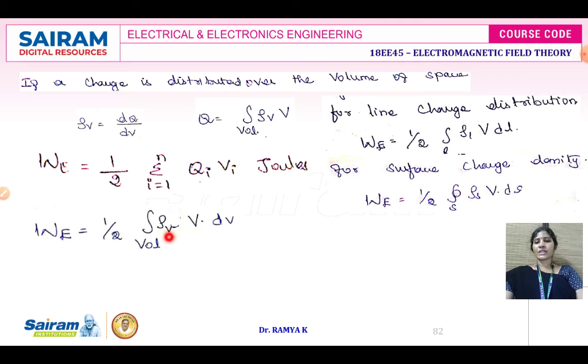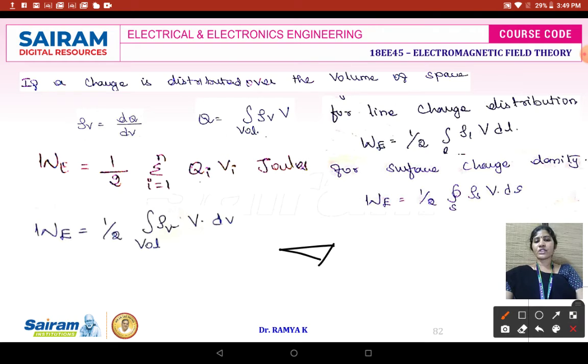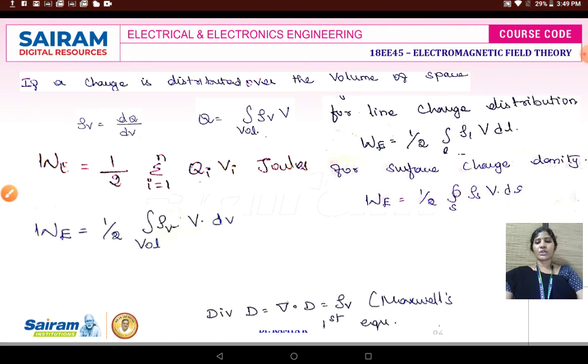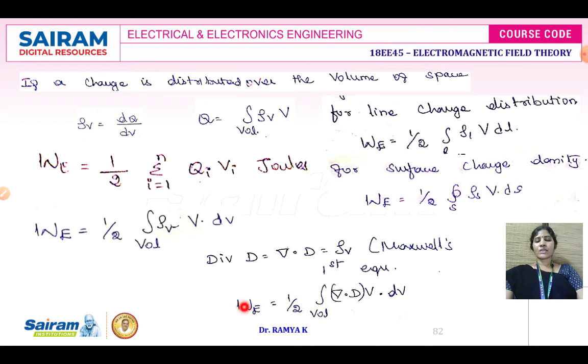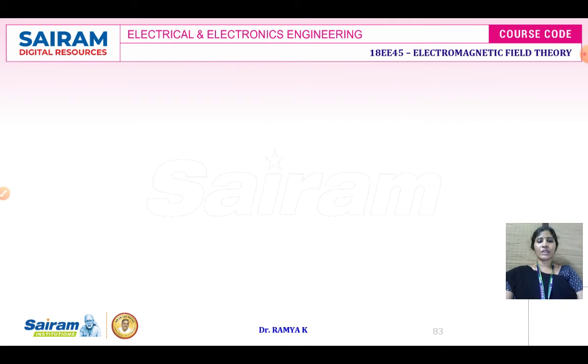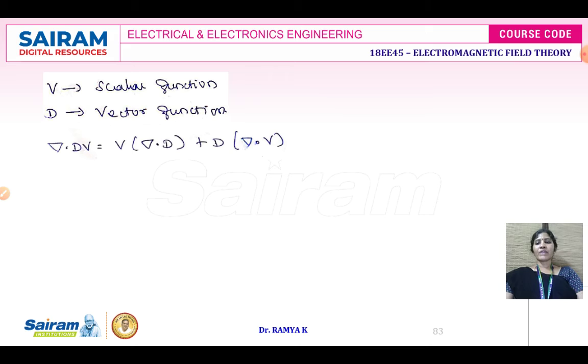Applying Gauss's divergence theorem, which states that divergence dot D is equal to rho V, the value of rho V will be replaced with divergence dot D. When you do so, you will get WE is equal to half integral over the volume of divergence dot D into V dV, where V is a scalar form and D is your vector form.